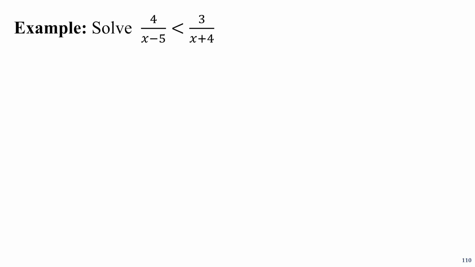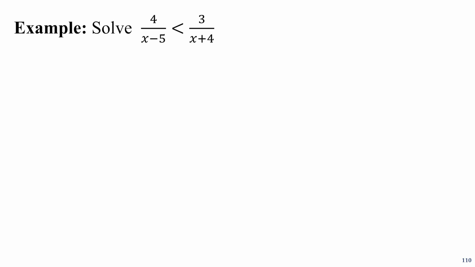Can you solve a rational inequality like this? 4 over x minus 5 less than 3 over x plus 4. Alright, let's have a look at the solution together. So first of all, we can put everything on one side, right?